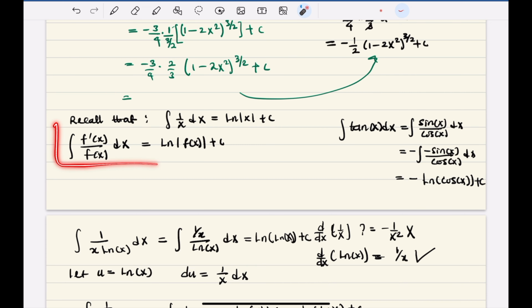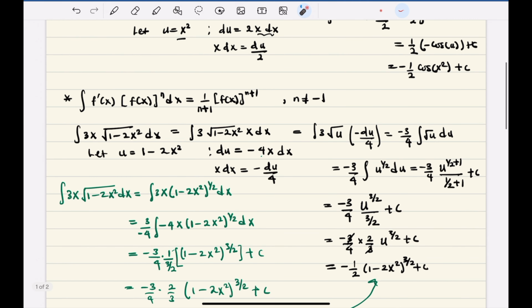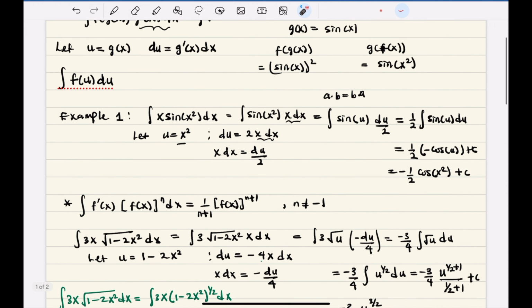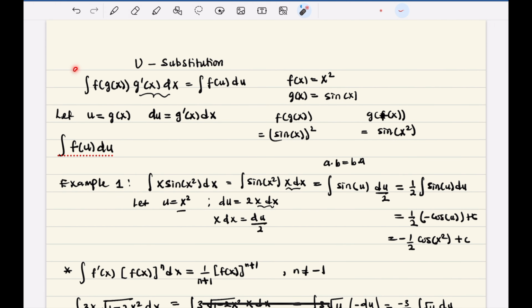We can also use U-substitution if we have the derivative of a function multiplied by f of x raised to the power n, where n is not negative 1. And the overall general form is a function of a function being multiplied by the derivative of one of the functions.